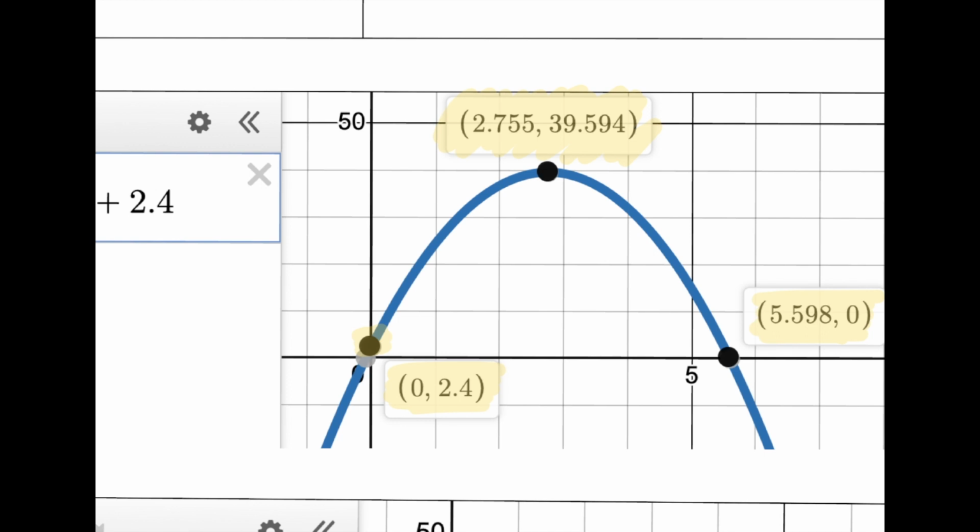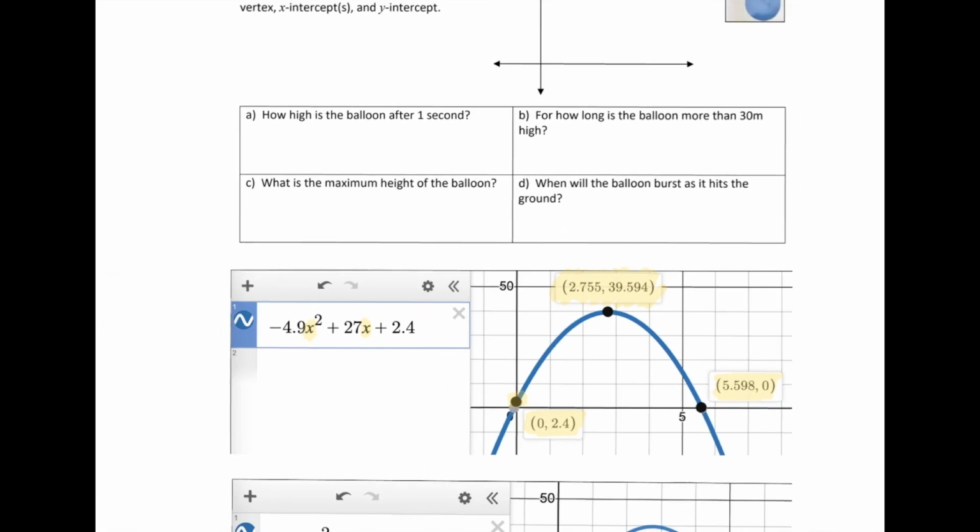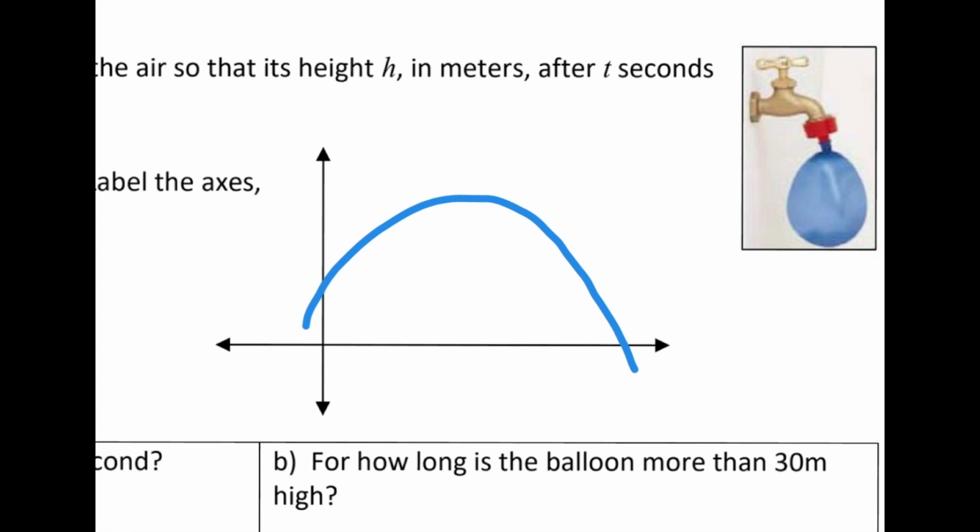And here, again, you're talking about a problem that has to do with time, and so on your x-axis, we're not going to worry about negative values of time. So I'm going to copy this graph onto the axes that are on the paper. I am going to label the y-intercept, the x-intercepts, and the maximum value.